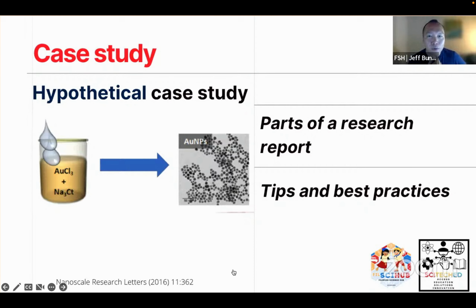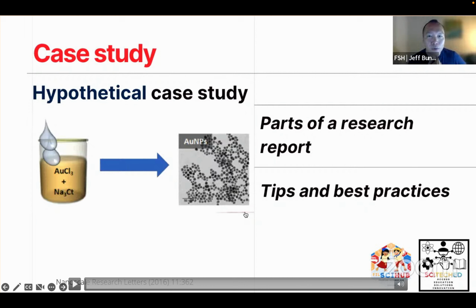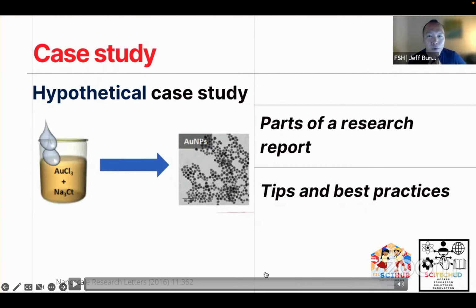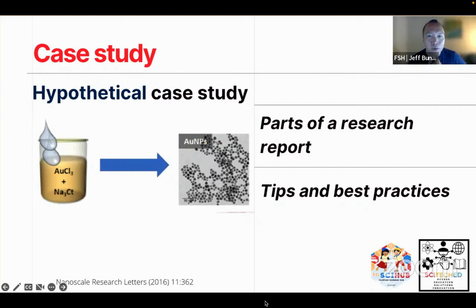But before we delve into the discussion of those competencies, we will listen to a presentation provided by the Filipino Science Hub. They are scientists and experts in doing scientific research.